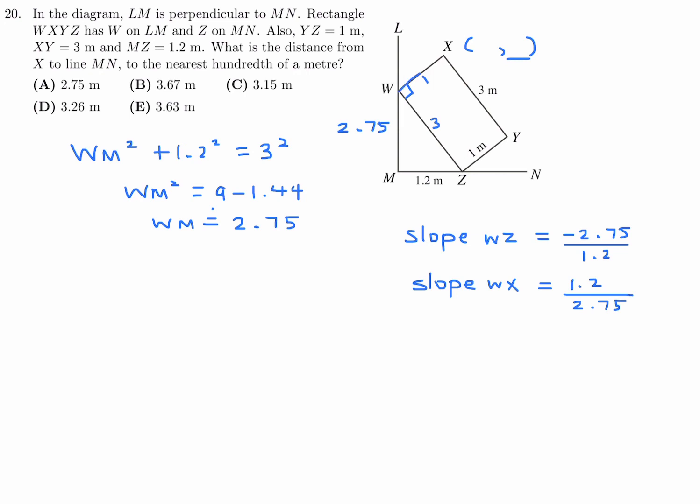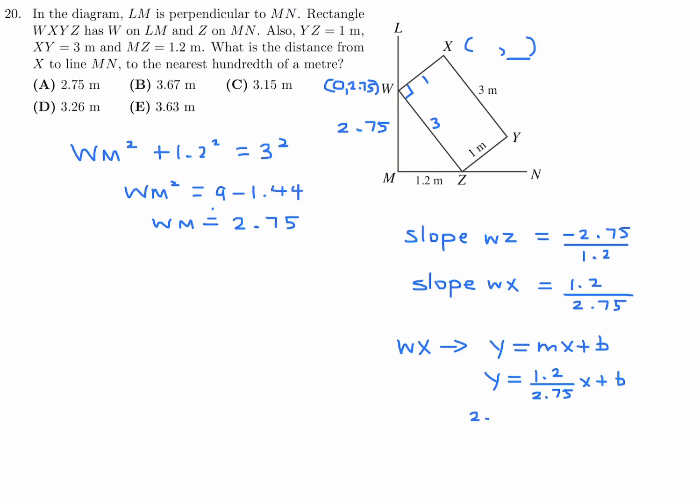We're going to figure out an equation for this line, WX. So, like always, y equals mx plus b. Y is equal to m, we just figured out, the slope, 1.2 over 2.75, x plus b. And then we can use this point, W, to figure out our b. W is 0 for the x, and 2.75 for the y coordinate.